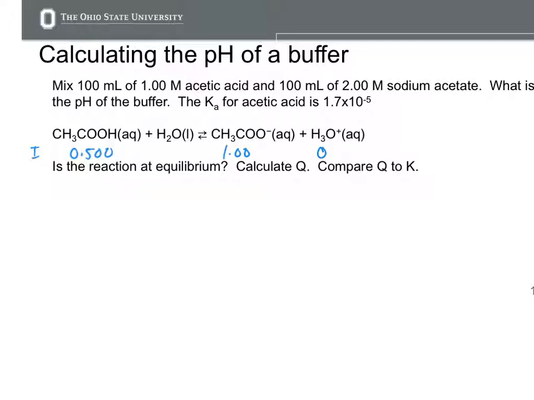I already told you that in this case you most likely have to form products, but we can prove that mathematically. So let's calculate Q. Q is going to be equal to the concentration of H3O plus times the concentration of A minus divided by the concentration of HA.